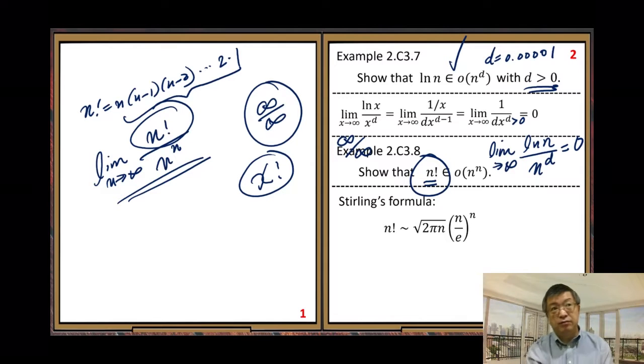That's the first version of the approximation formula. But if we look at this version, there is some problem we're not very happy about. This kind of approximation formula is not very convenient to use, right?